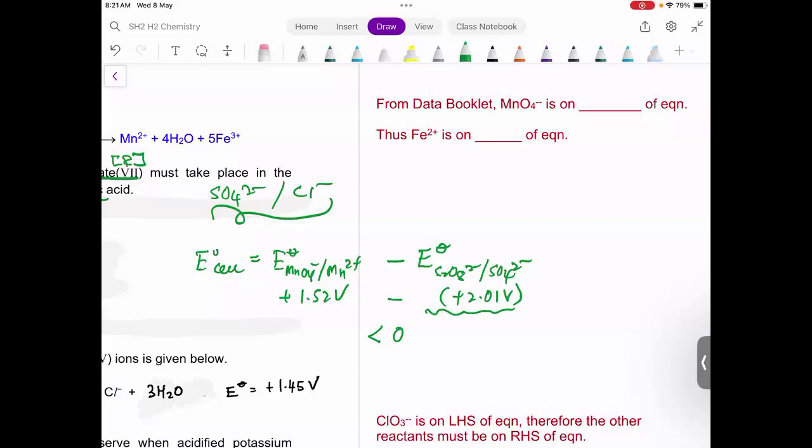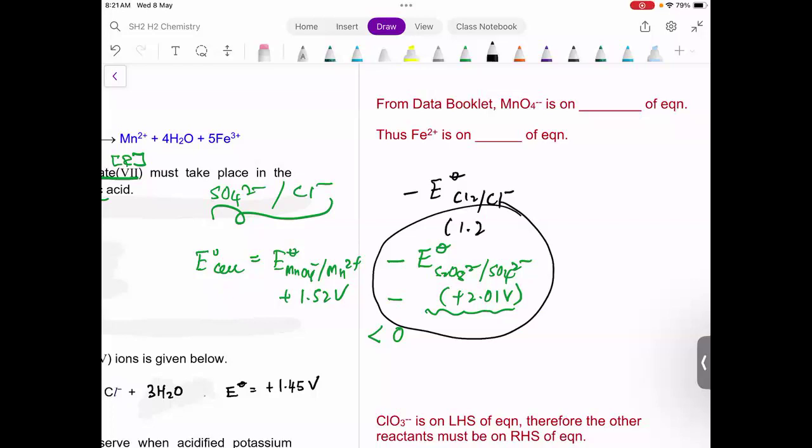But in contrast, if you replace the anode, the oxidation process, by minus E0 for chlorine to chloride, what do you have? It is 1.36. 1.23 is the H+, water.